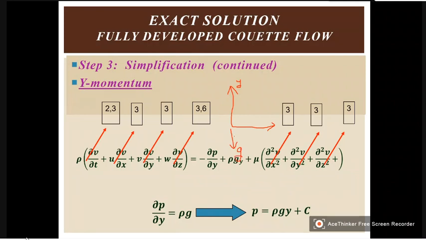So this is the body force per unit mass.